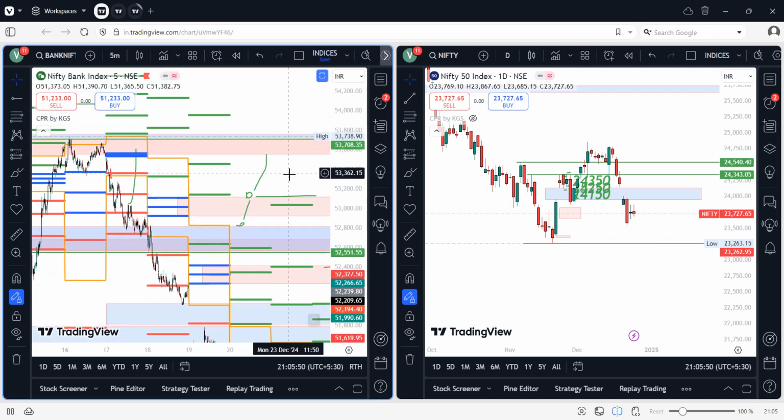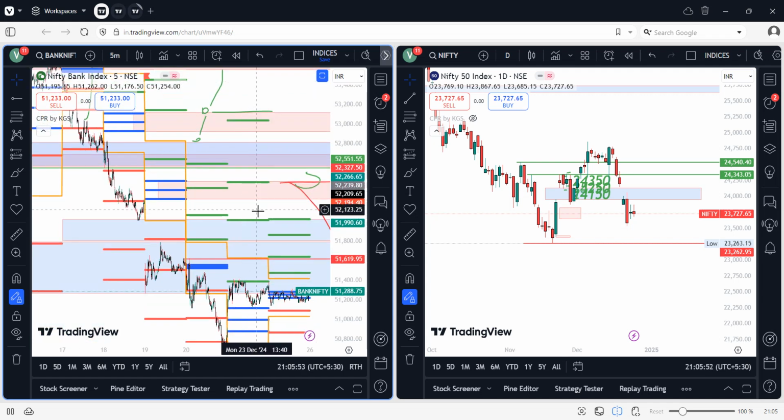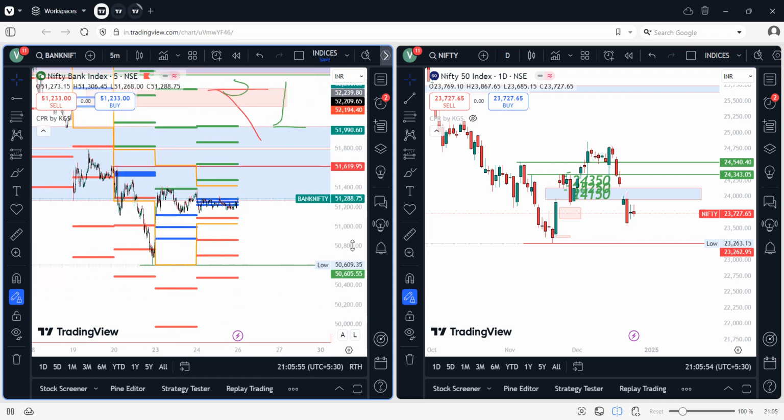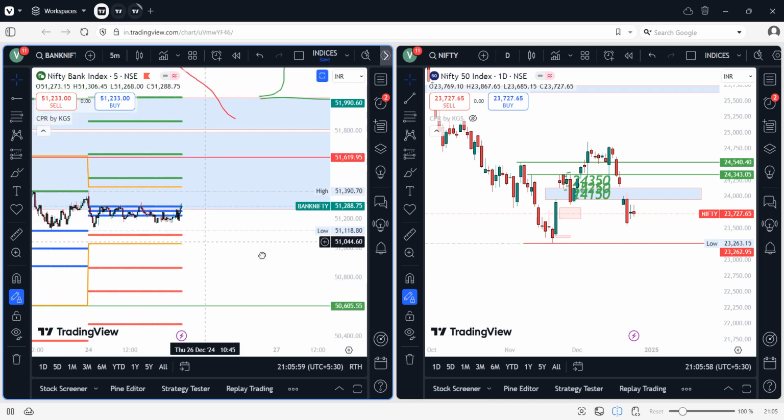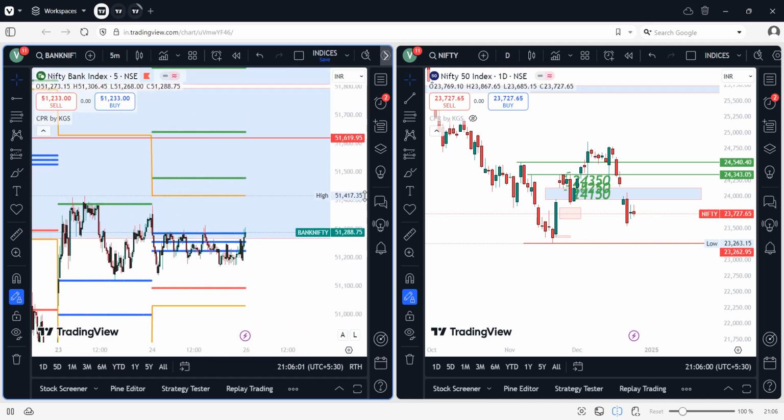Okay, let's see if there is any turning point. Sometimes, if the chart is really clumsy for me to take decisions, I delete everything and do the analysis for the next day, which gives me some kind of relief.